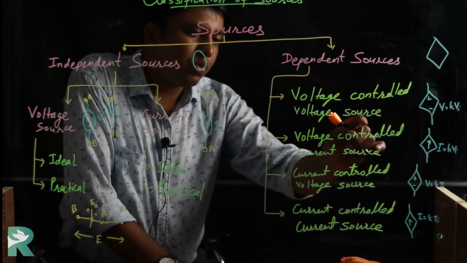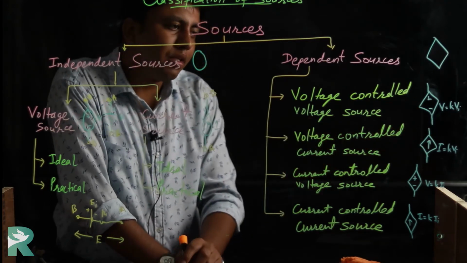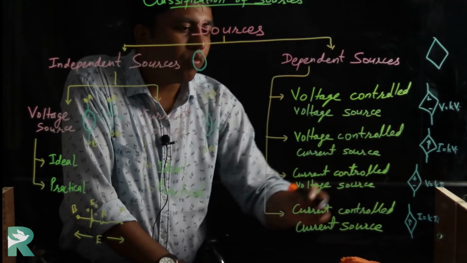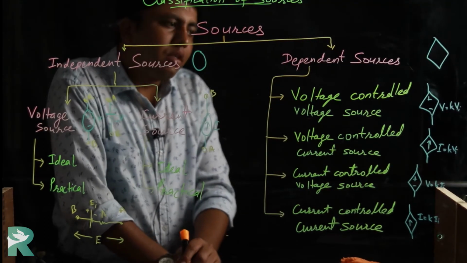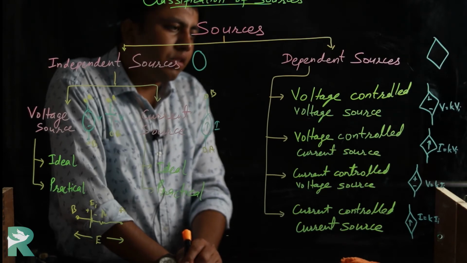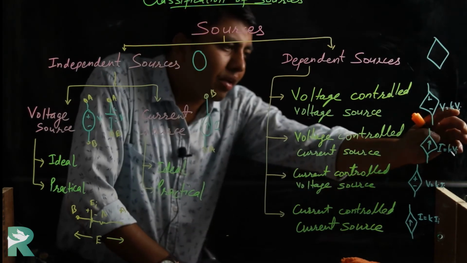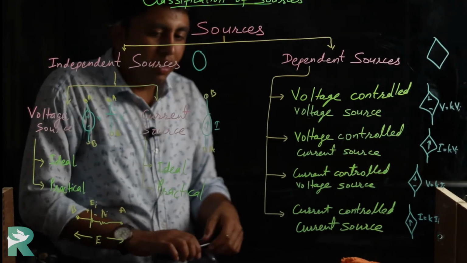As the second part shows the type of source, it is a voltage source, that's why plus minus is mentioned, and the value will be in volts. Voltage controlled means its value depends on the voltage of any other branch of the circuit, and that is given by VI. VI is the voltage across any other element of the circuit.